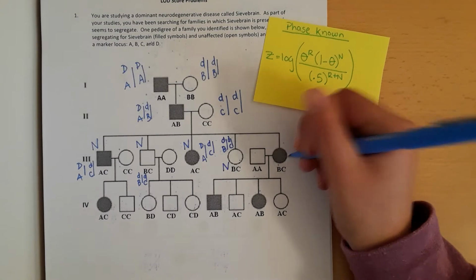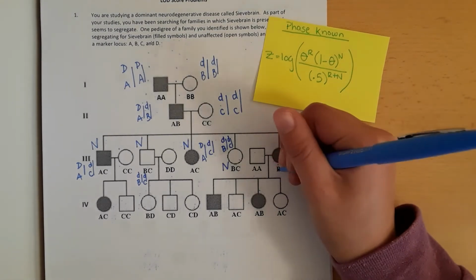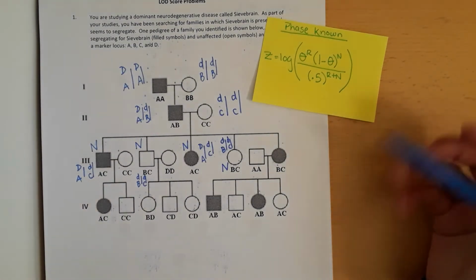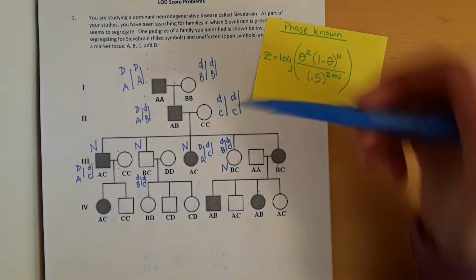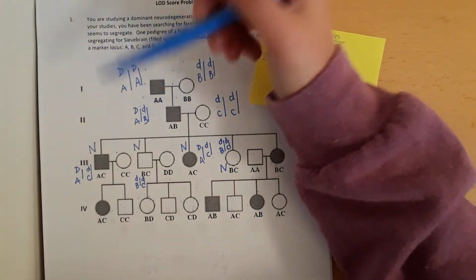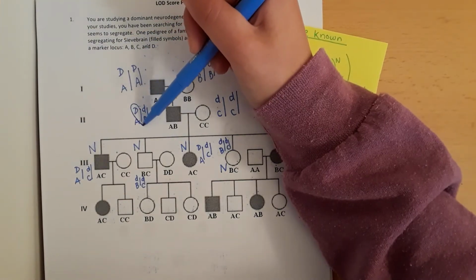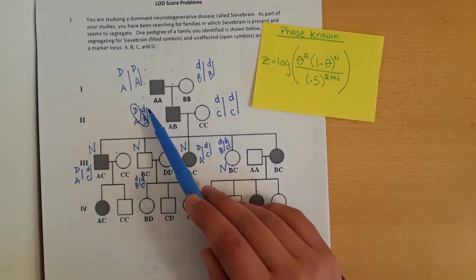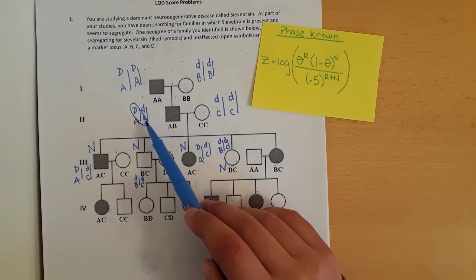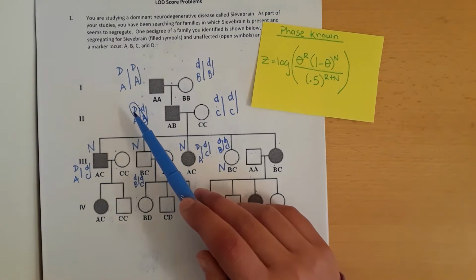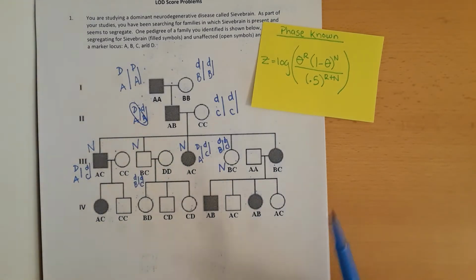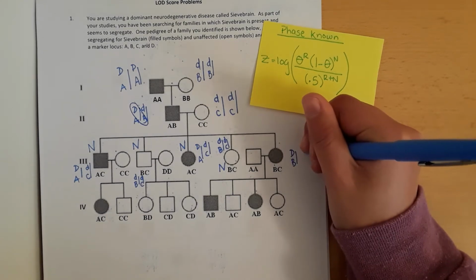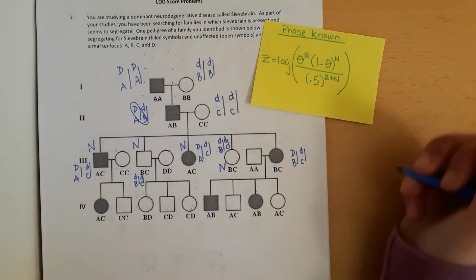And this person has a B, but they are shaded in. They have the disorder. So what must have happened here is recombination took place where instead of the B being on the small d, we have the B being on the big disease gene D. And then D C from mom.